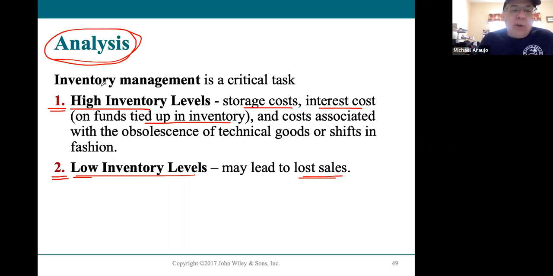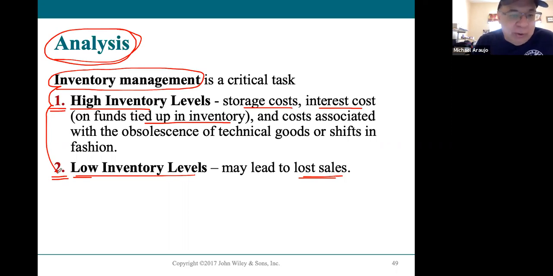So if you're really, really good at inventory management and you understand these concepts, there are some pretty good paying jobs out there for folks that know how to do this well, okay? And so the analysis will come down to this because inventory management is extremely important.